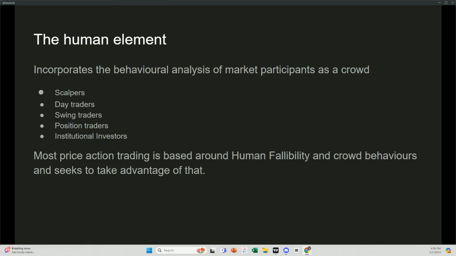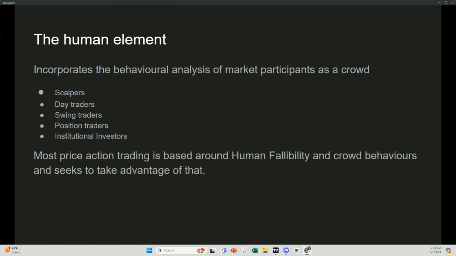So it's all based primarily on the behavioural analysis of the market participants, and it assumes they act as a crowd. The key ones that it looks at, in a kind of running order, are scalpers. A lot of them are in and out of the market multiple times a day, so they lead to a lot of that intraday price action that you'll see.